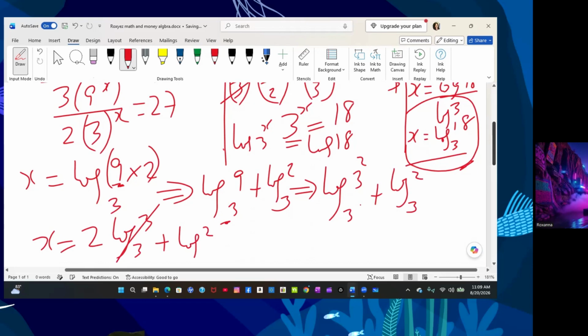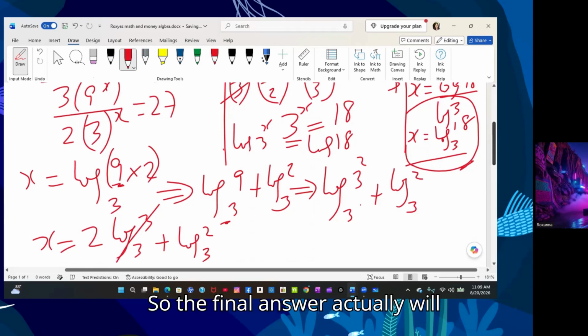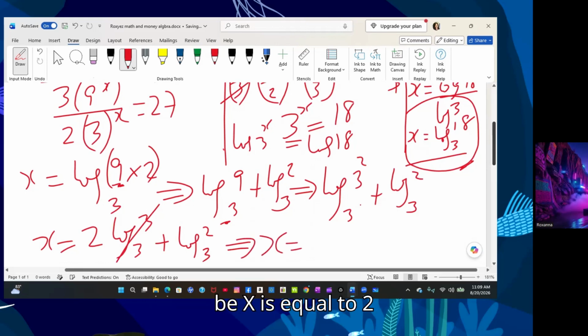So if my first answer is not in the multiple choice, I have to simplify more. So the final answer actually will be x is equal to 2 plus log 2 to base 3.